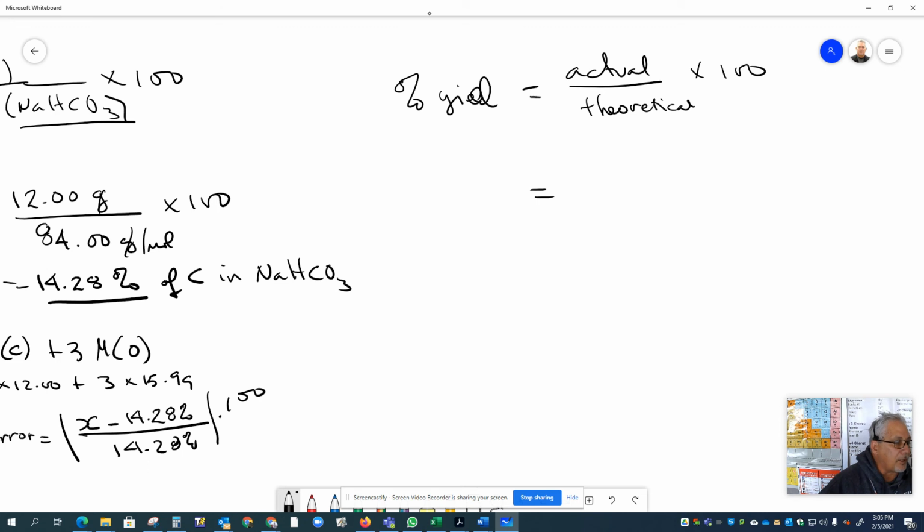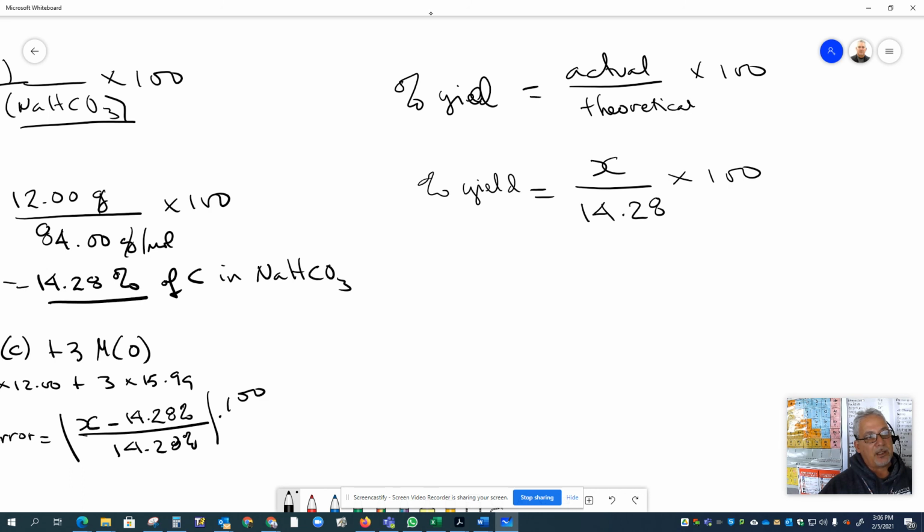The actual percent that you got in your experiment, I'm going to call X, and then you divide over the theoretical percent, which is the one that you just found using the atomic mass, times 100. Let's suppose that the experimental one you got is equal to the theoretical one. This is just a supposition, because I'm not sure if you got this. So let's suppose you got exactly the same. Well, the percent yield will be 100%.